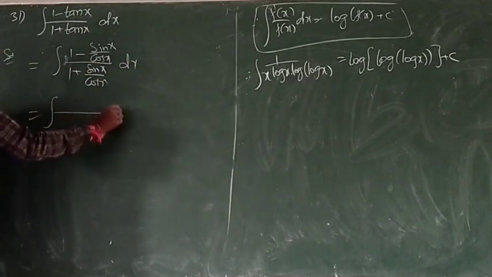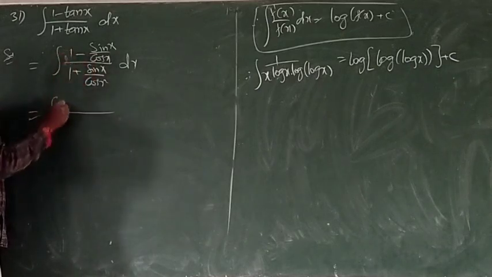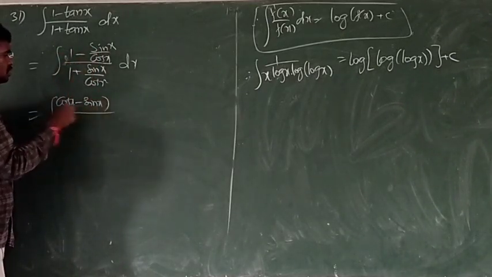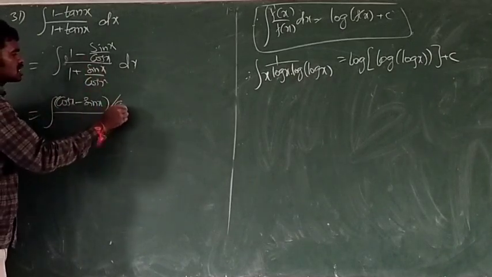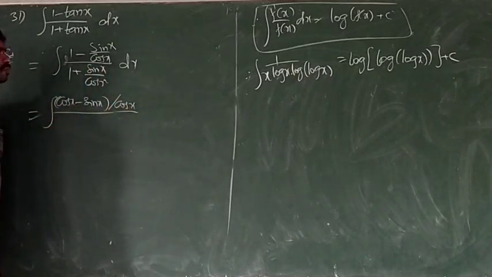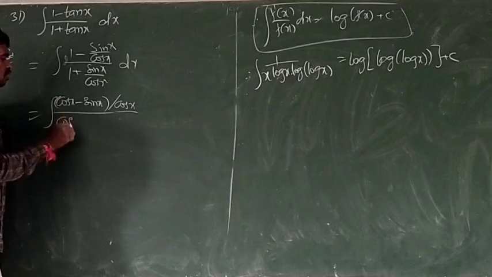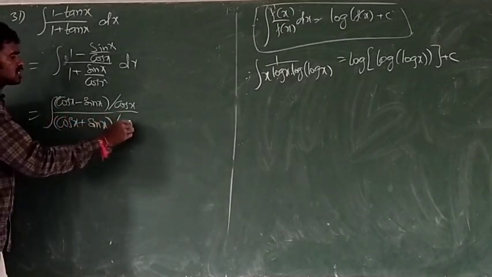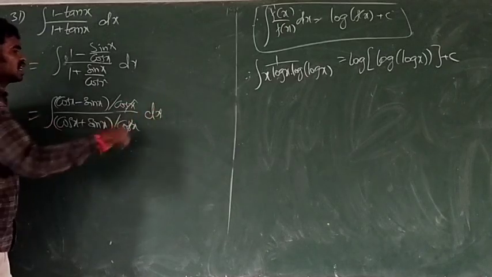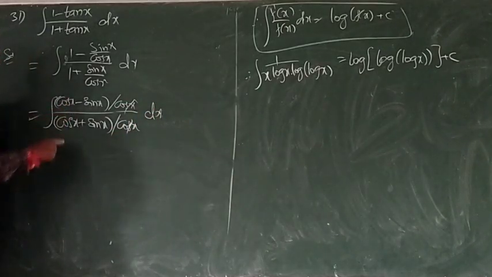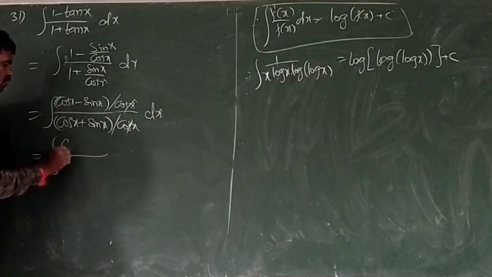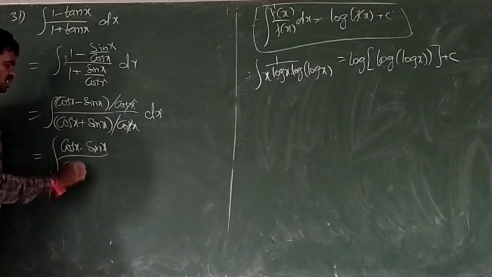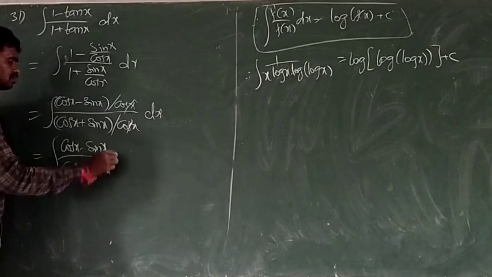Taking the LCM cos x, we get cos x minus sin x by cos x in the numerator, and cos x plus sin x by cos x in the denominator. The cos x gets cancelled, so it is cos x minus sin x by cos x plus sin x.